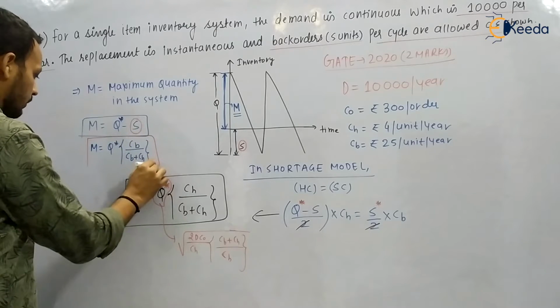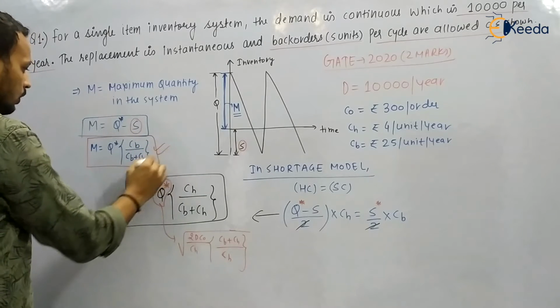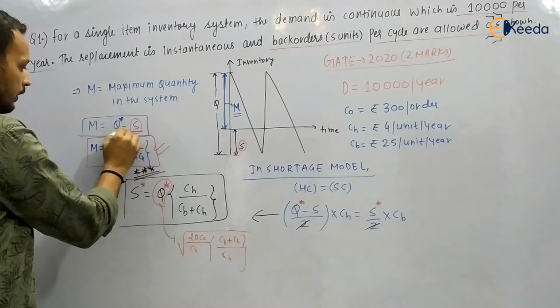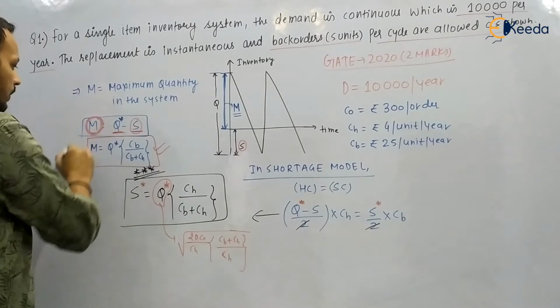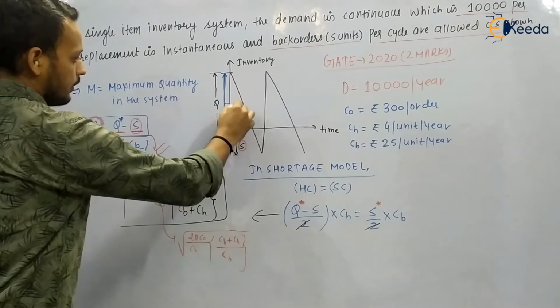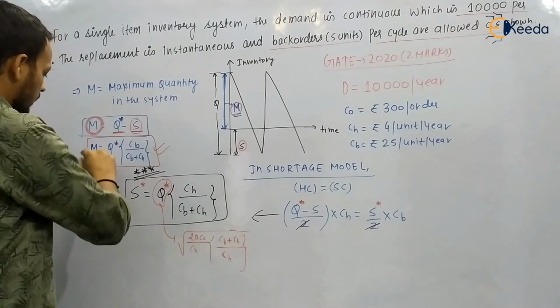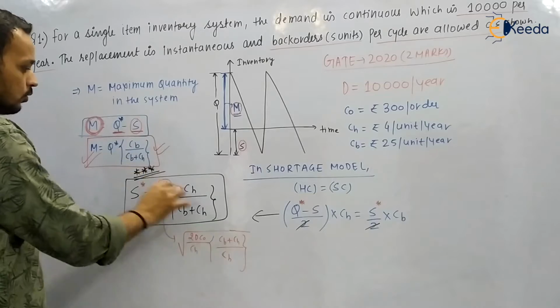So either you find this M, or find this Q, put it here, and you already know Q star. So you will find this value of M, that is the maximum inventory which is going to reach in the system. Just use the formula.